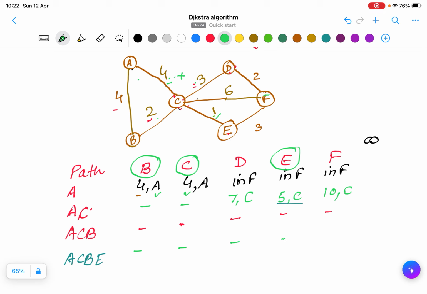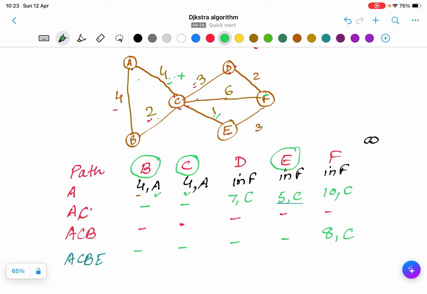E is itself, so it will remain the same also. Now when we have discovered E, the cost to reach F through E will be 4 plus 1 plus 3, so it will be 8 comma C.